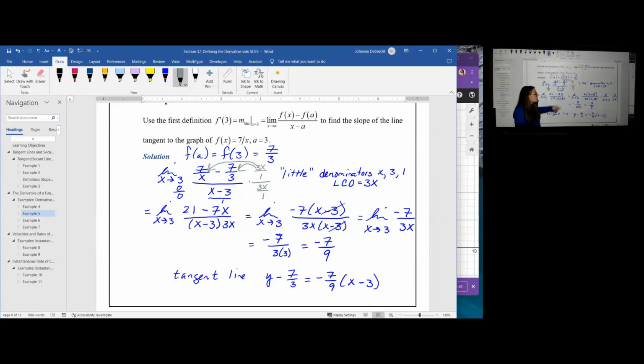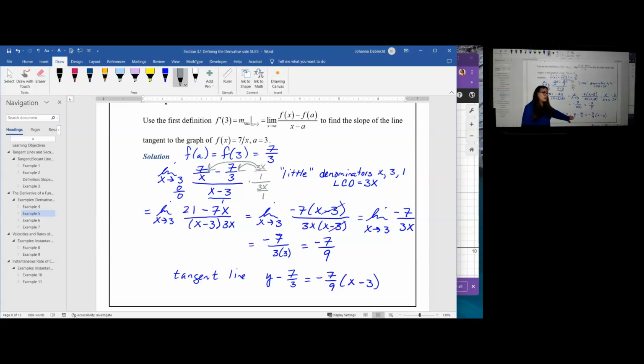When I look at 21 minus 7x, I can then factor out a negative 7, which does give me the factor x minus 3 to cancel. I then find the limit as x approaches 3 of negative 7 over 3x by substituting the value of 3 for x, which gives a tangent line slope of negative 7/9.